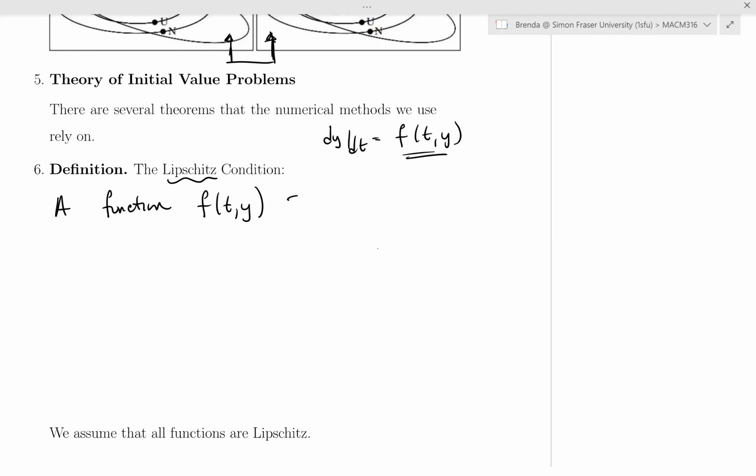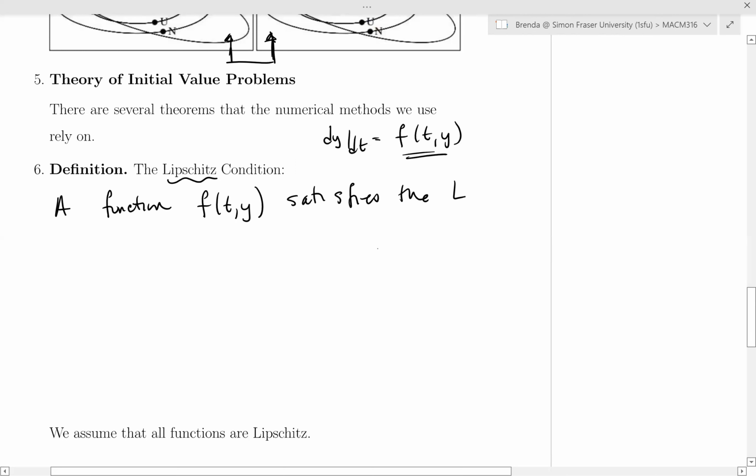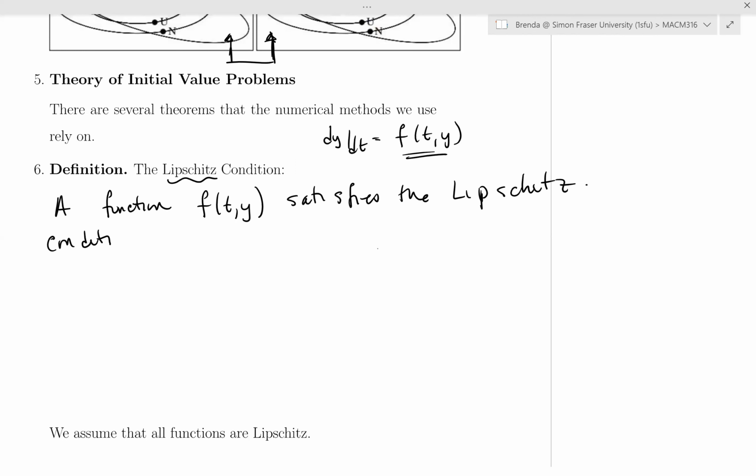That function satisfies the Lipschitz condition with constant L greater than 0 in the variable y if the absolute value of the difference in f is bounded by L times the absolute value of the difference in y.